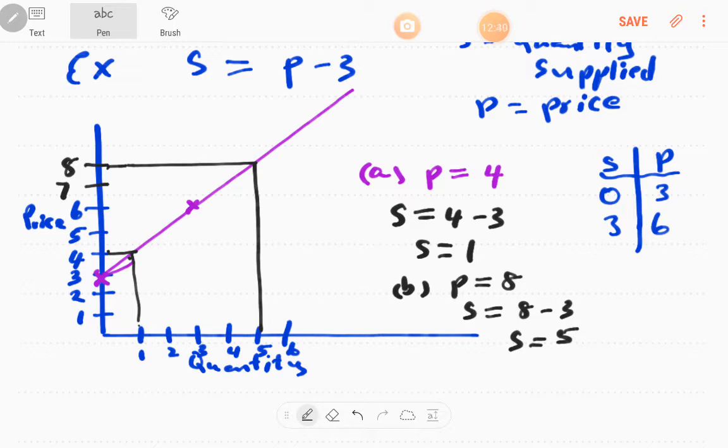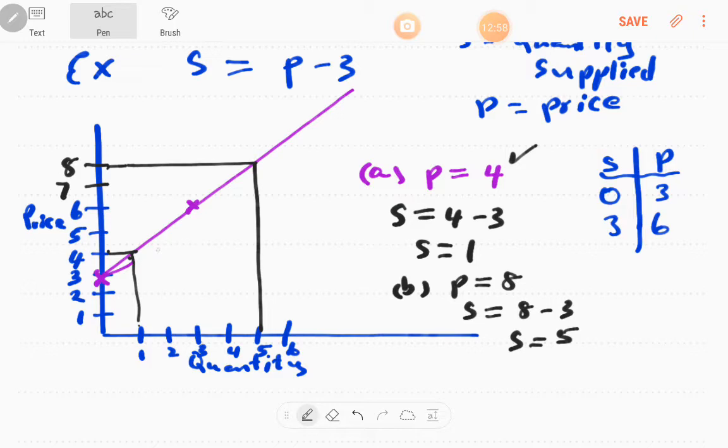Okay, so what do we observe here? So when the price is low, the supply is low, right?